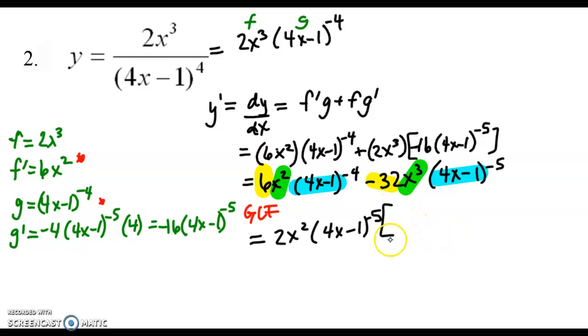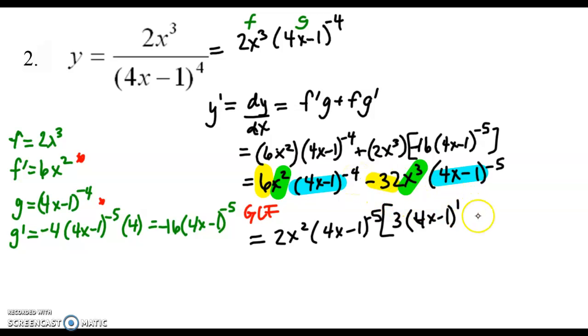Okay, so when we take a 2 out here, we're left with a 3. We took all the x's, and we need how many 4x minus 1's? We need one of them. Remember exponents here? We'll add the exponents when we multiply them, so negative 5 plus 1 would give us this negative 4.